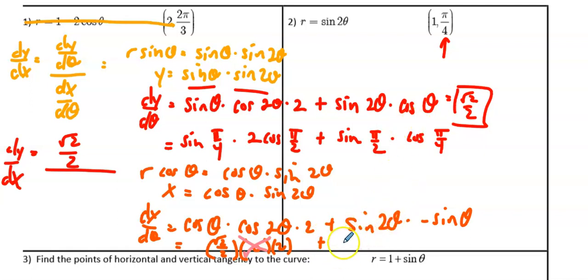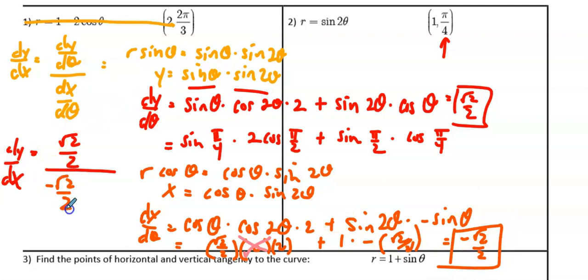Because 2 times pi over 4 is pi over 2. So that's 1. And then we get times negative sine of pi over 4, which is the square root of 2 over 2. So this ends up being negative square root of 2 over 2. So our denominator will be negative square root of 2 over 2. Therefore, our answer to this problem, dy/dx, is going to be equal to negative 1.